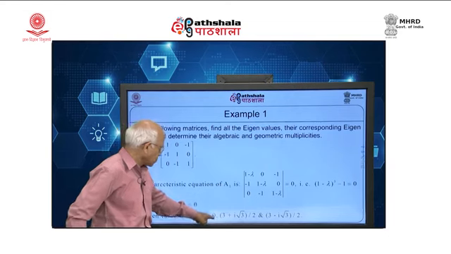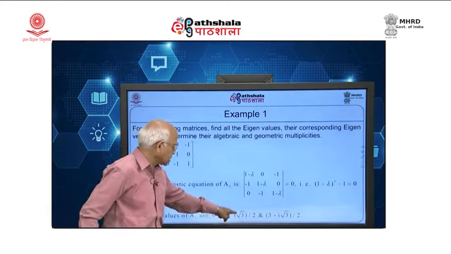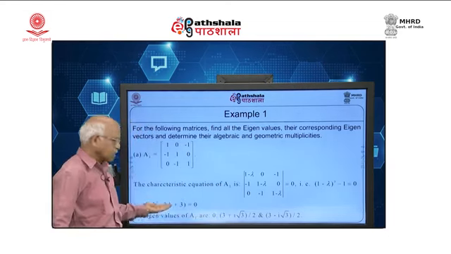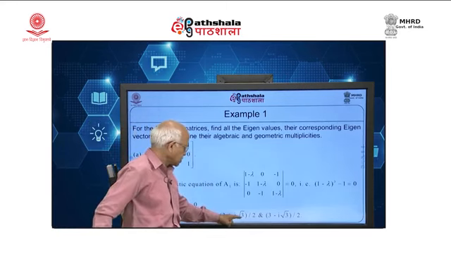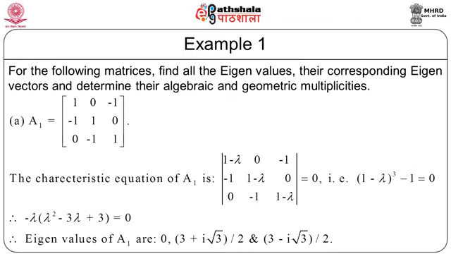One root is 0 and the other roots are (3 plus i root 3) by 2 and (3 minus i root 3) by 2, as the quadratic equation has roots like that. So you can see that there are two complex roots, one the conjugate of the other, a conjugate pair of complex roots, and one real root, because the degree is odd here, so there will be one real root.